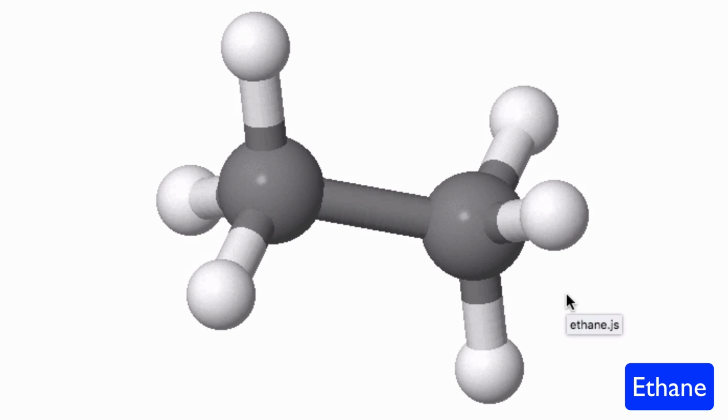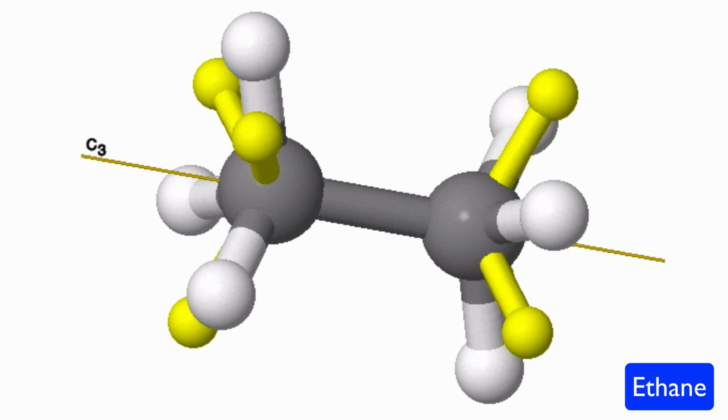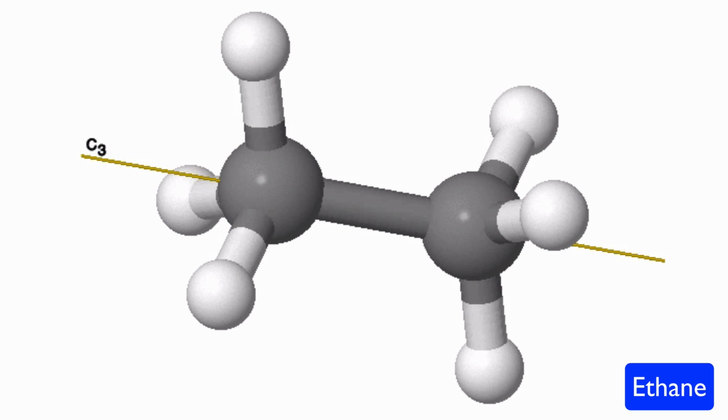So perhaps you can see now ethane has a C3 axis here, and we can rotate about the C3 axis there. Okay. It also has a number of C2 axes. Okay, so C3 is the highest axis, so that would be our molecular axis.